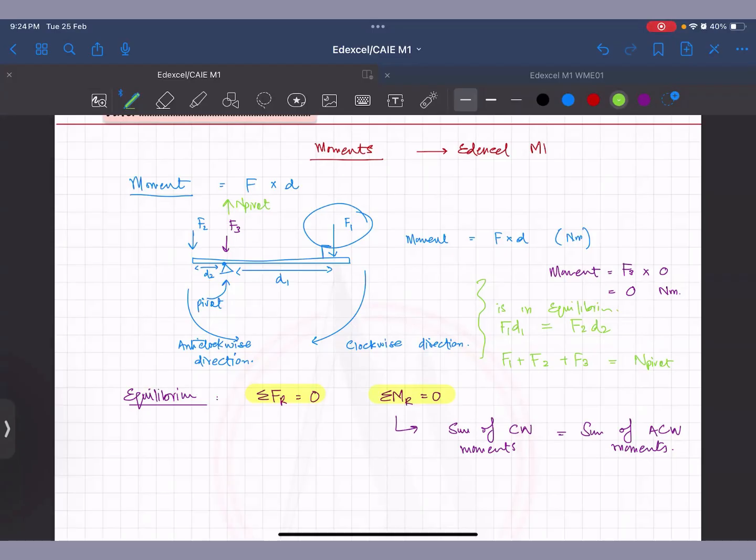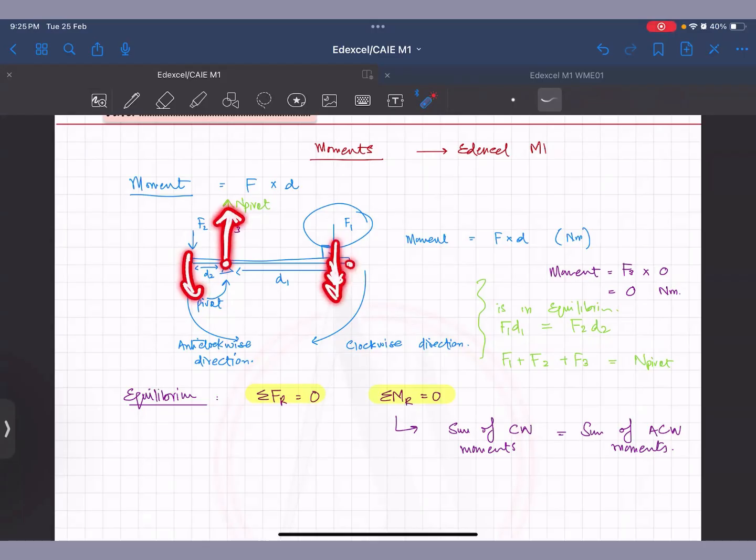Okay, but there's one more thing, that it's up to us. We can take the pivot to be any point on the system as well. If we know that the system is in equilibrium, then the sum of moments about any pivot along that system would be zero. If I take this point as the pivot, then this is the force which is pushing it down, this is the force which is pushing it down, and the normal contact force over here would be producing the clockwise moment.